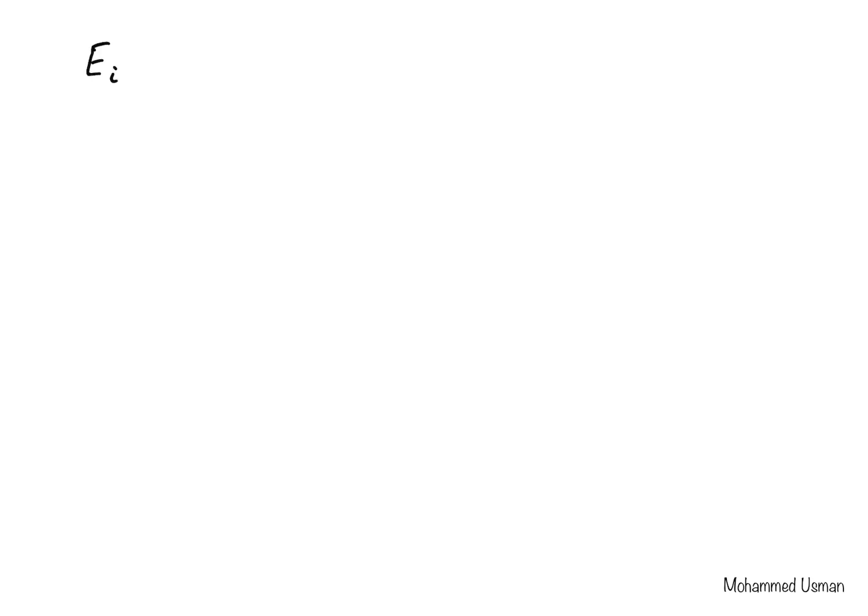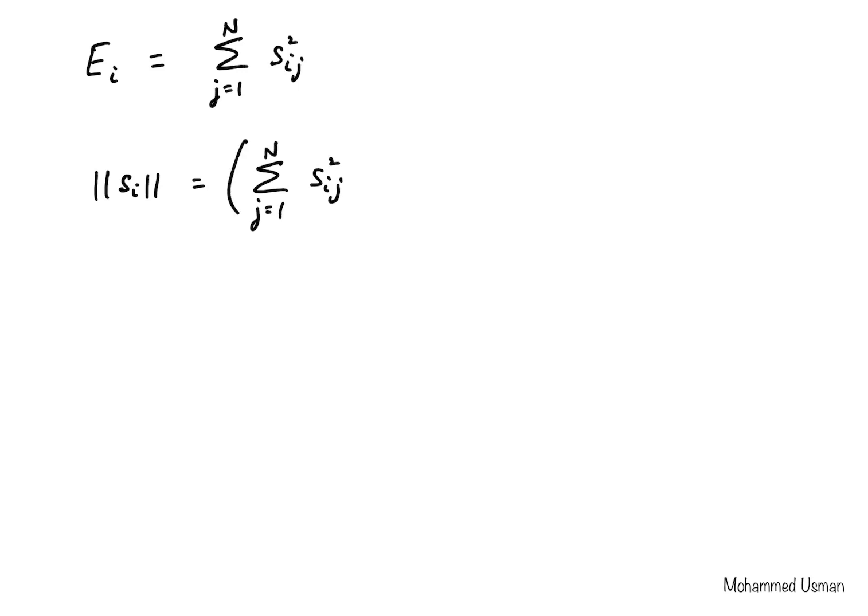So what we have here is the energy of the signal Ei, when you have the signal as a vector representation, is basically the summation Sij square, for j equal to 1 to n, and we had the norm of Si as the summation Sij square for j equal to 1 to n, but it's power half.